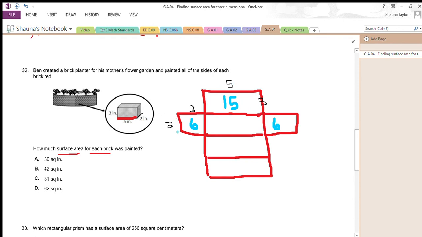But look, this is 2, so this is 2. So this one has a twin here. So just like the last problem. So this one's 15. These two have a different amount. So if you look at it, see how it says 2 right here, but it says 5 right here? 5 times 2 is 10. So this is 10 and this is 10. Now we can add up all our numbers.